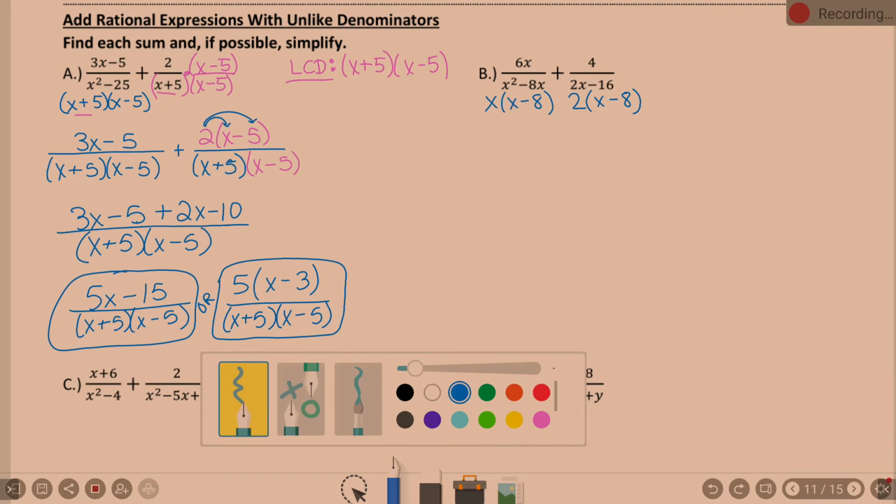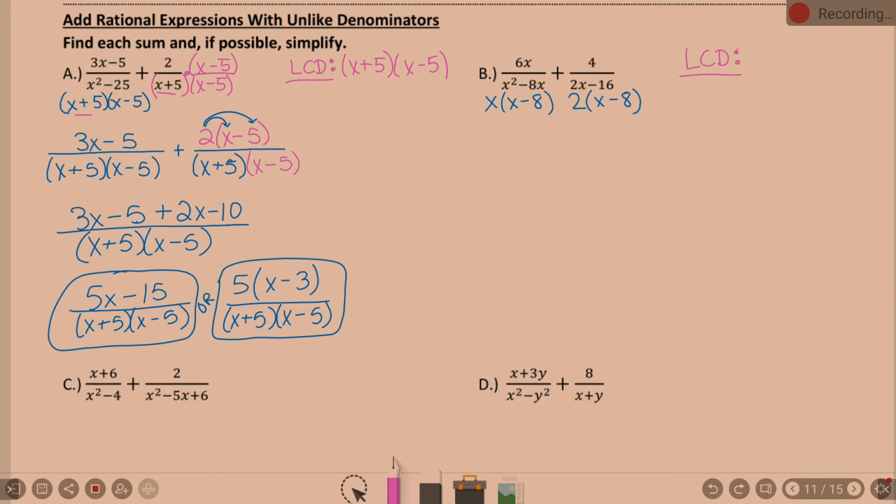Now, as we talk about least common denominator, LCD. Well, what do we do with that? First of all, between the two denominators, what's in common already? X minus 8. Okay, there's already an x minus 8. That's going to be part of my common denominator.